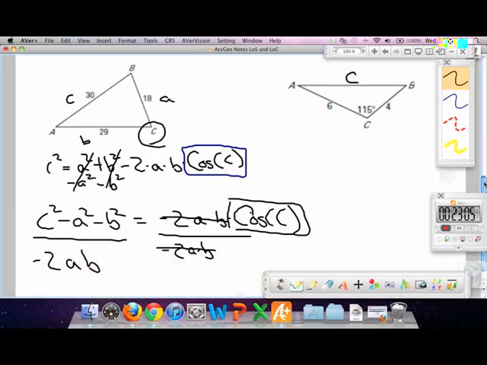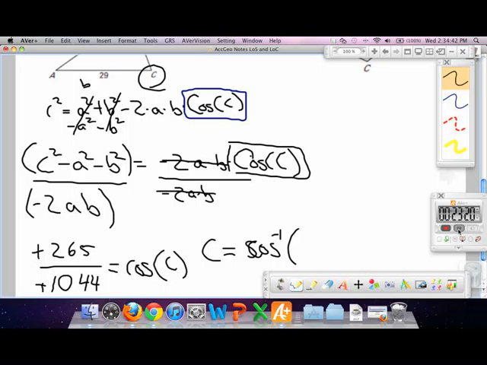Let's take 30 squared minus 29 squared minus 18 squared. So inverse cosine of 265 over 1044 should give us what angle C is.